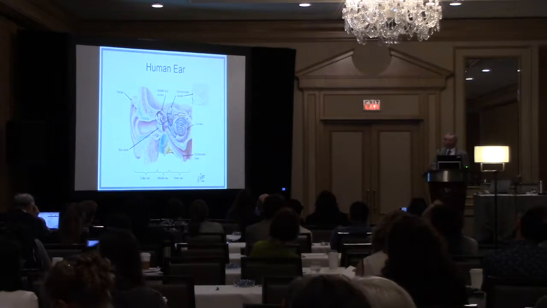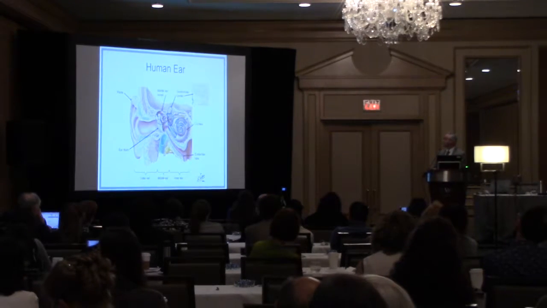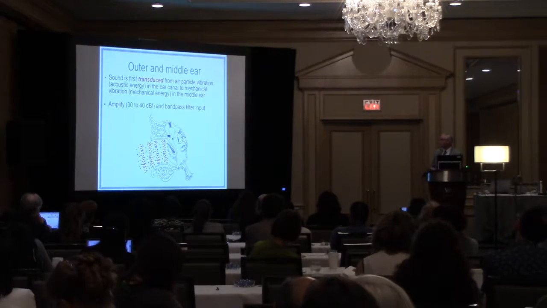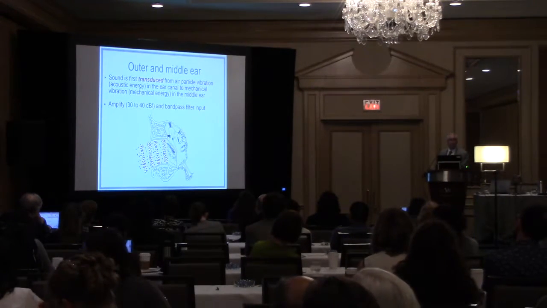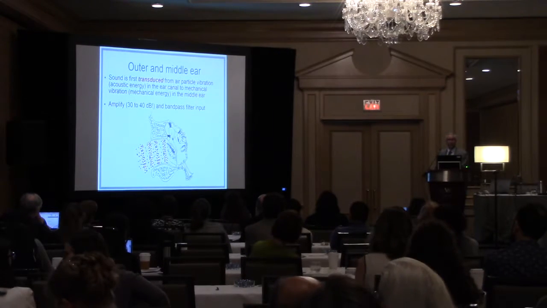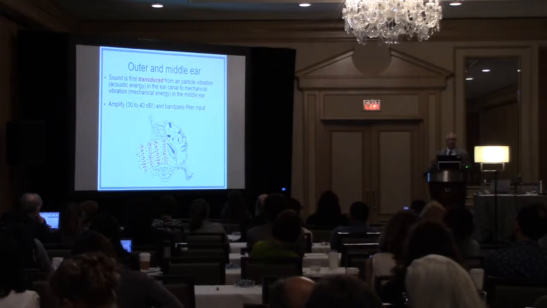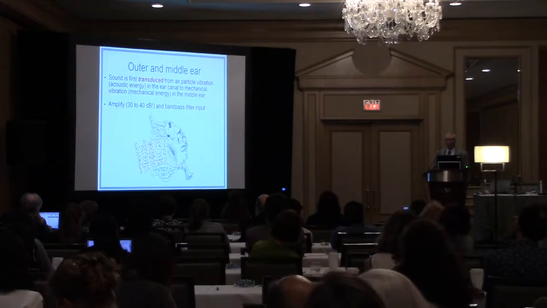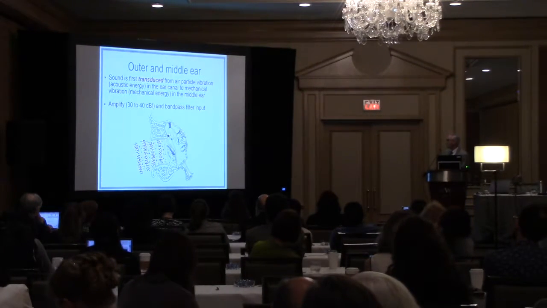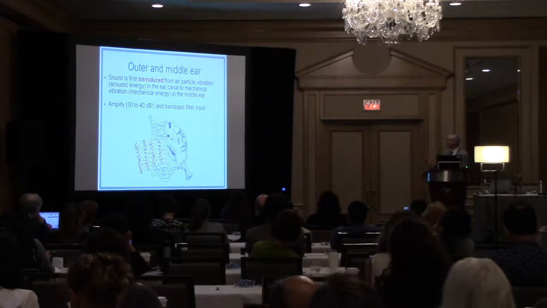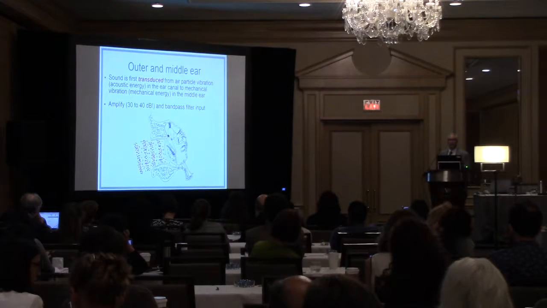So if we focus a little bit more on the next slide, the outer and middle ear, what we're seeing now is condensation and rarefaction of air molecules produced by a sinusoidal source. You've heard all of those terms in today's talks. And so those are the red fluctuations in air molecules that then hit the eardrum and cause the eardrum to vibrate.